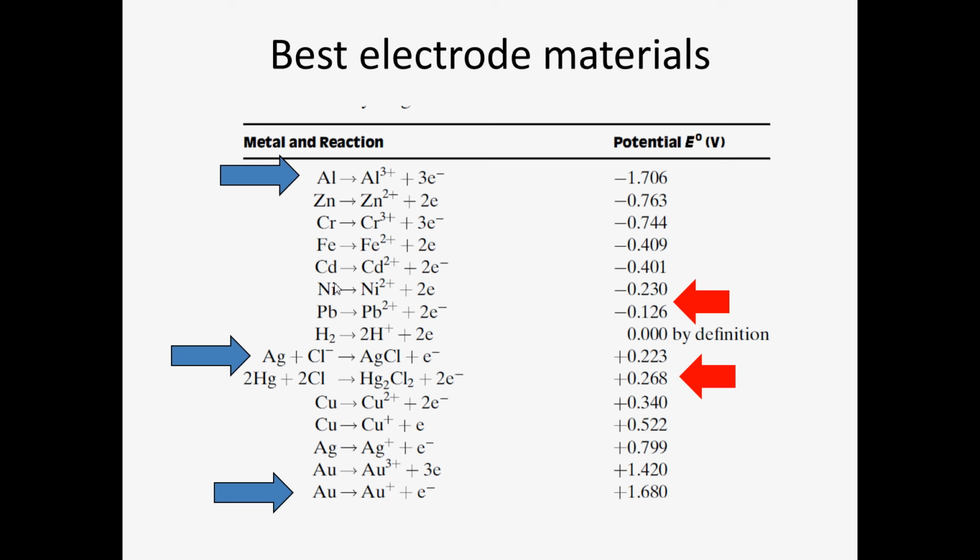So mostly silver chloride and gold are used for external electrodes. For internal electrodes, normally you probably use a silver wire or a platinum wire, or sometimes it's just a glass pipette or metal pipette filled with saline solution. So you use the saline solution as the electrode.